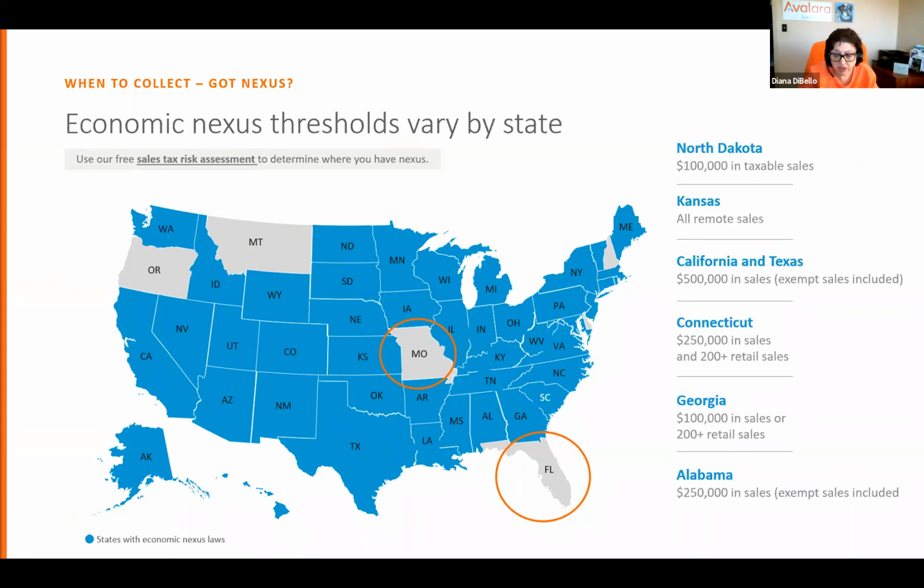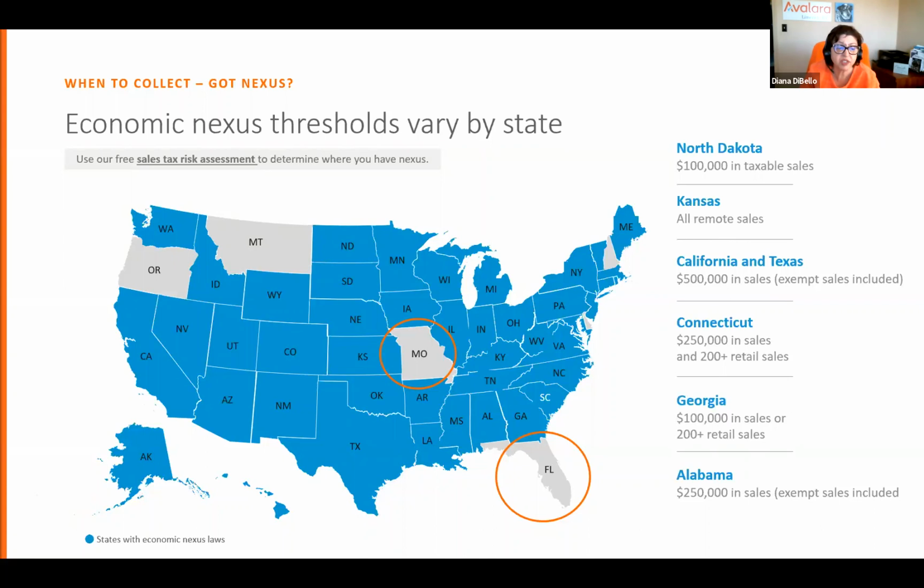So they had to do voluntary disclosures and prioritize which states to do that in. It's important to really understand where you might have nexus, because you don't want exposure that could have a serious impact on the future of your business.